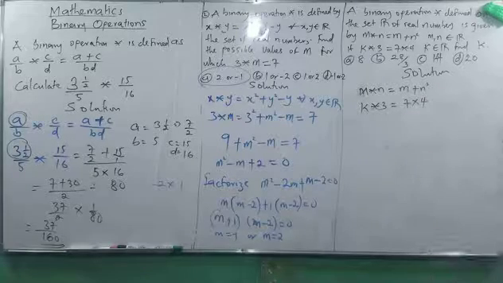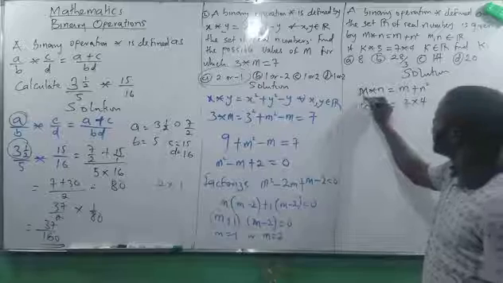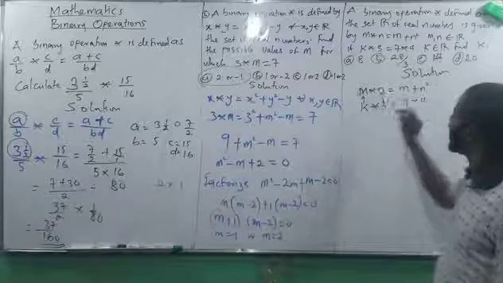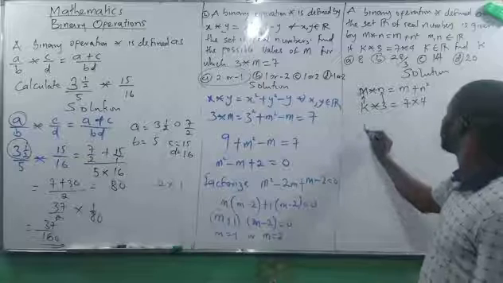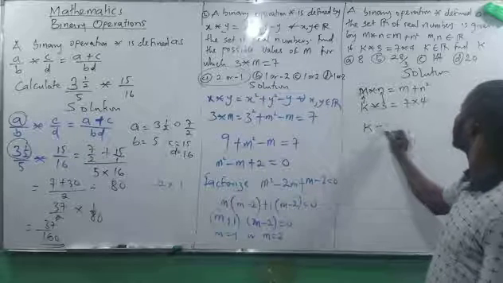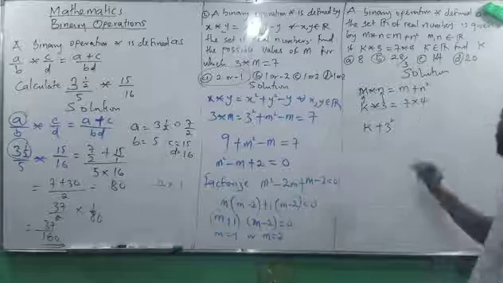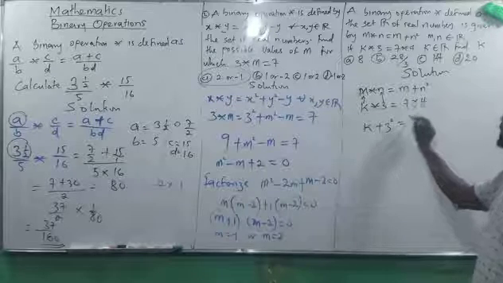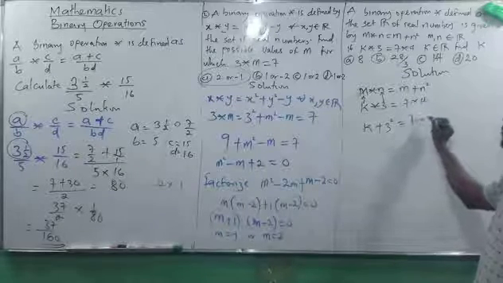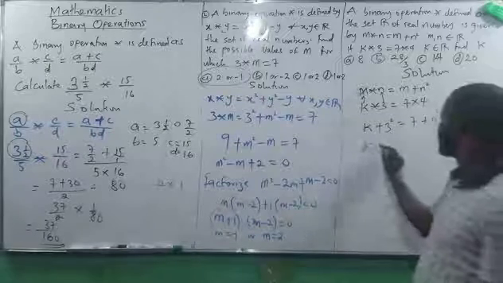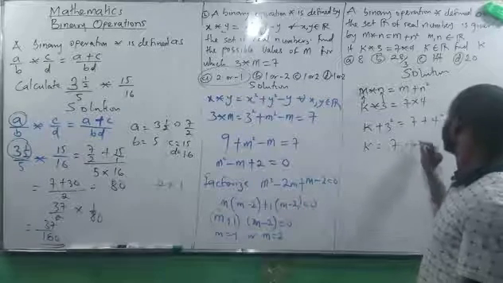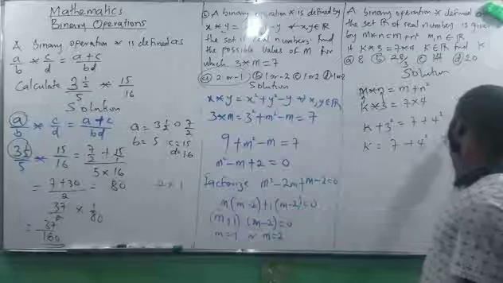Now, at this junction, this is your m and this is your n. It means I will be saying that k plus 3 squared will be equals to 7 plus 4 squared. Now, k will be equals to 3 plus 4 squared minus 3 squared.